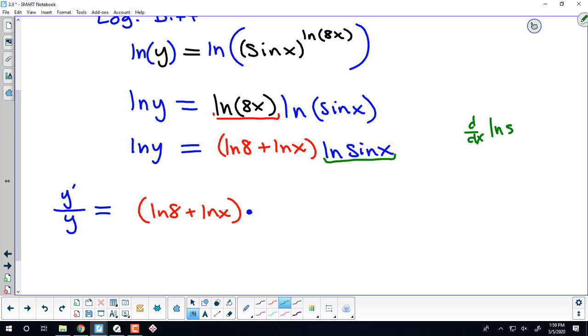Derivative of the natural log of sine. We know that's a chain rule because it's not ln of x times sine of x, it's ln of sine x. So we do 1 over the argument times the derivative of the argument. Cosine over sine. The derivative of natural log of sine is cosine over sine, or we could just say that's cotangent.